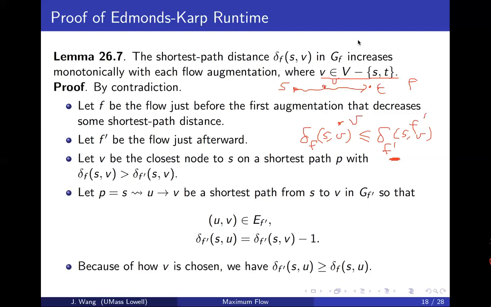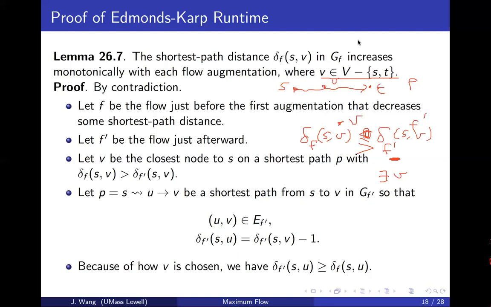So we prove it by contradiction. That means that there exists a V that violates this condition. So for some F and F prime, which is after F, we have this situation.